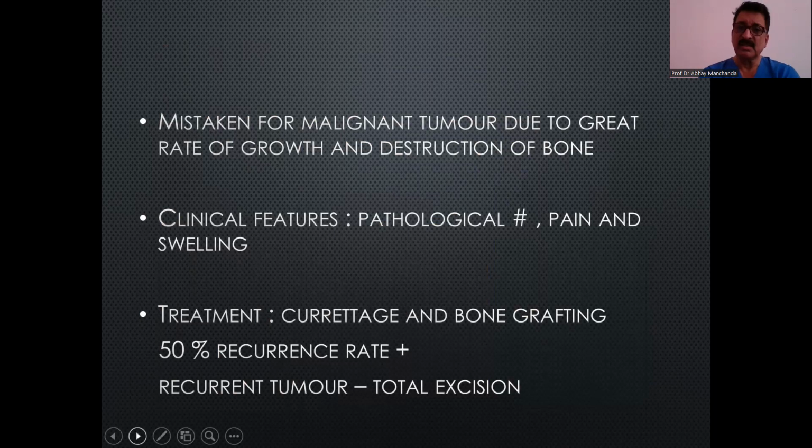The clinical features are very classical. The patient may present with a pathological fracture; pain and swelling are often seen. Treatment is thorough curettage and bone grafting. 50% of them ultimately recur, and when it recurs, you have to do a total excision.